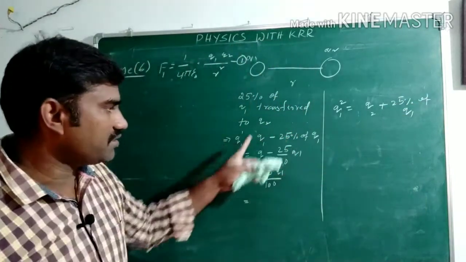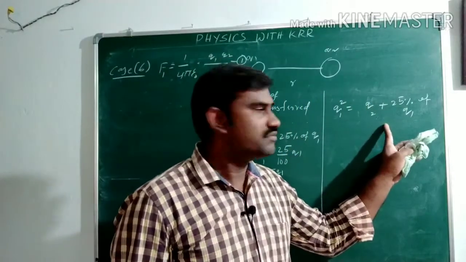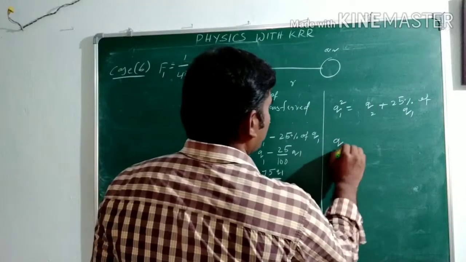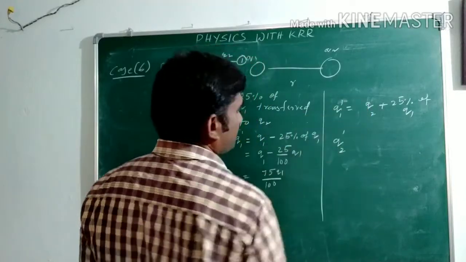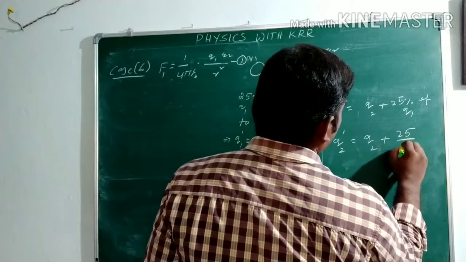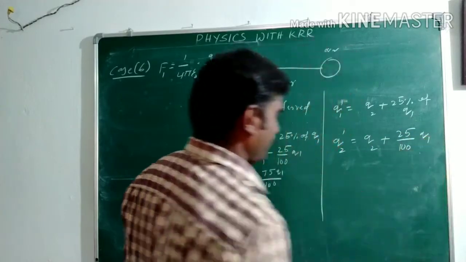So the charge lost in this case will be added to this body. That is the reason we have taken plus. Now Q2 dash will be equal to Q2 plus 25 by 100 of Q1.